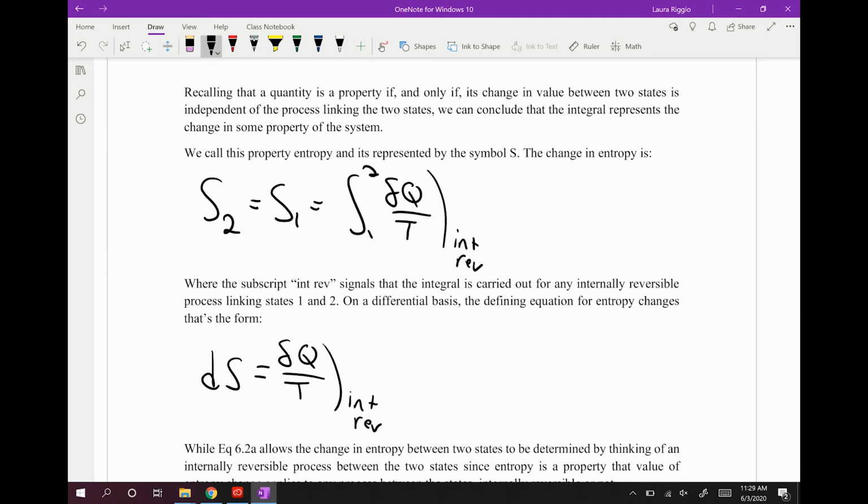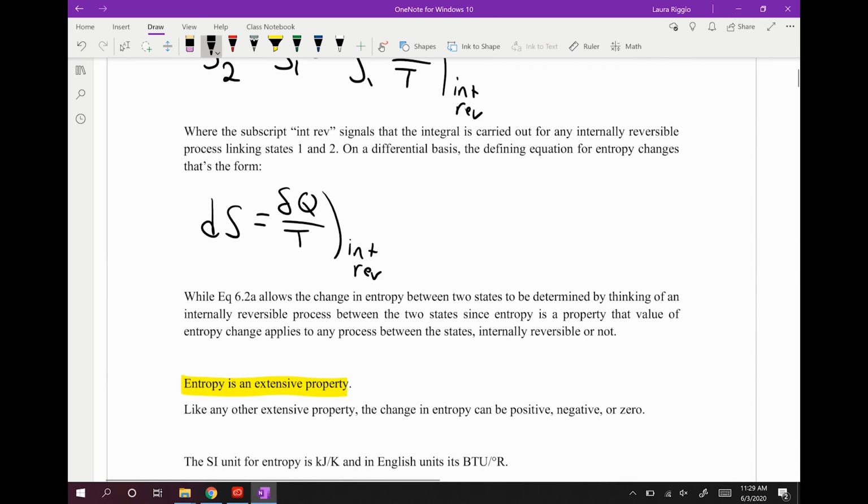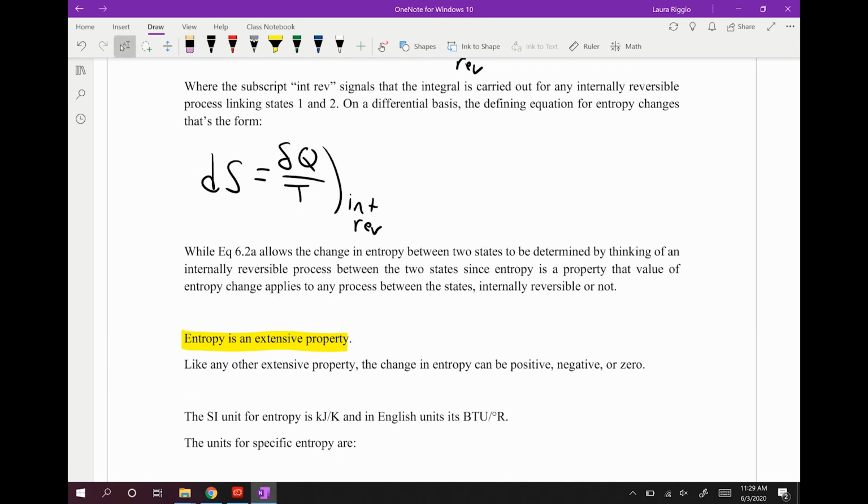However, since entropy is a property, the value of entropy change applies to any process, even if it is not internally reversible. So even though we define entropy for an internally reversible process, it is also valid for irreversible processes.